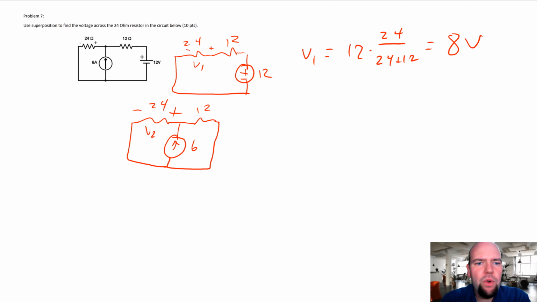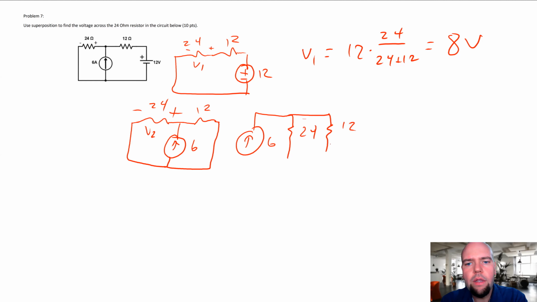And then this one's a little weirder, but basically the 24 and the 12 and the 6 amp source are all in parallel. So if we want to, we could redraw this like this. You might ask, how did he redraw that like that?